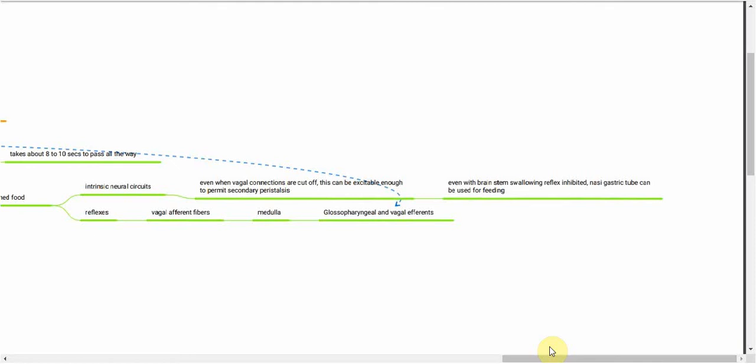So the commonest cause is again achalasia cardia, which means narrowing of the esophagus at the lower esophageal sphincter. There can also be strictures in the esophagus, and that is usually in people who try to commit suicide by taking acid, and they could be saved. But because of the damage, fibrous strictures developed, and for the rest of their life they will have a very difficult life ahead of them, because they will have difficulty swallowing.